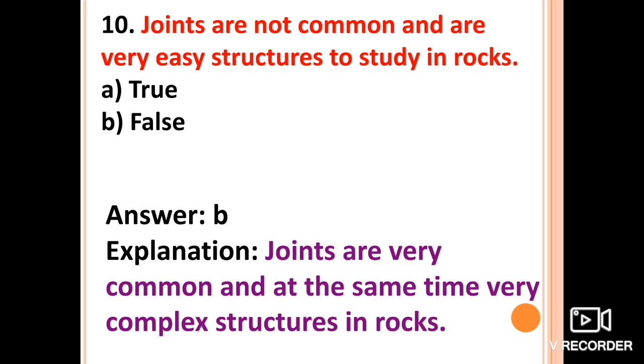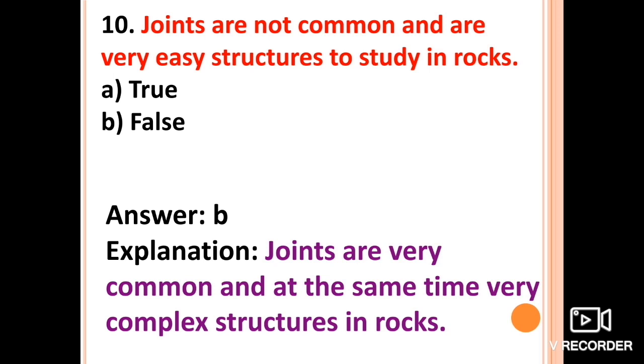Sometimes they are very complex and very complicated structures to distinguish between a fault, a joint, a cleavage, or a lineation. Okay, so all these things are a little bit similar in structure and similar in orientation. So joints are very common and at the same time a very complex structure in rocks, as I have told.